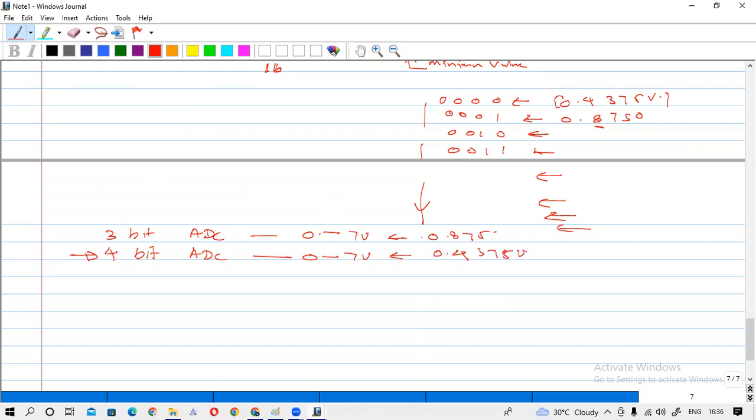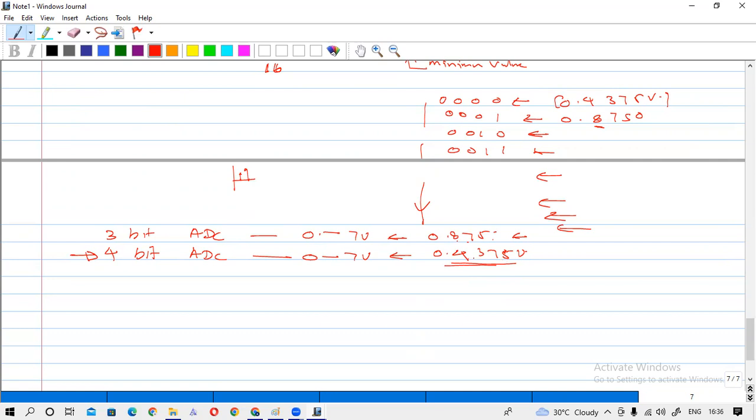If you try to sample and convert a signal using this ADC, the voltage separation will be 0.875, but with the 4-bit ADC the separation will be 0.4375.